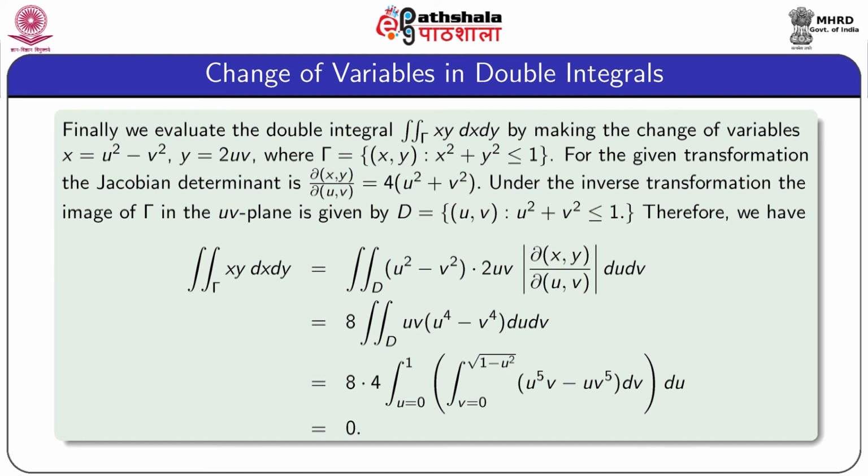Therefore, we have the required double integral equals the double integral over D of (u square minus v square)(2uv) times the Jacobian modulus du dv, and we find that after some calculation it is 0.